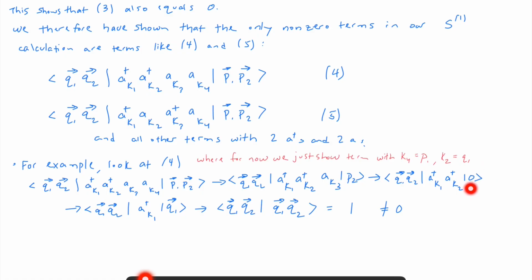But ultimately, if you remember from the previous calculation, after I'm done hitting it with two of the daggers, this has to equal this. Otherwise, even if there are two particles here and they're different from these two particles, the Fock inner product of two different states is always 0, even if they're two particle states with different momentum. So the only relevant term that's going to survive is when this A dagger K2, out of summing over all possible momentum values, actually equals Q1 or Q2.